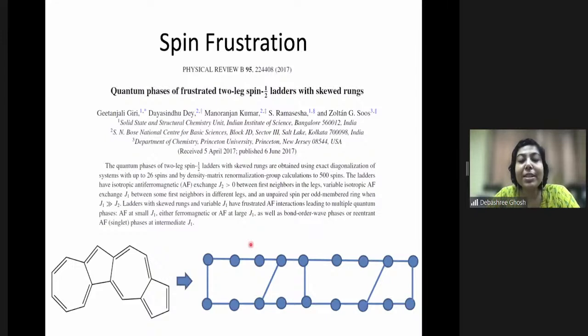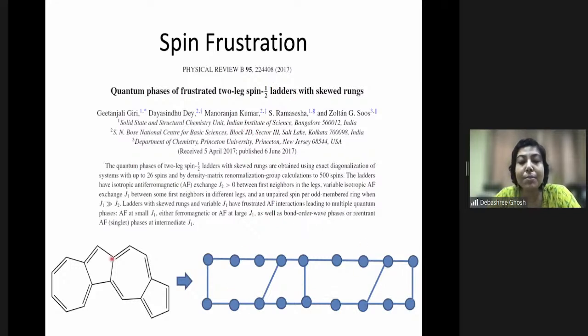Actually, this is a very interesting story. Let me give you a bit of the story, and then we will go to the rest of the algorithmic developments that we did. Around this time, we came across a paper by Ramasesha and co-workers, which mentioned a frustrated two-leg spin ladder. Now, this is the system that this paper is talking about.